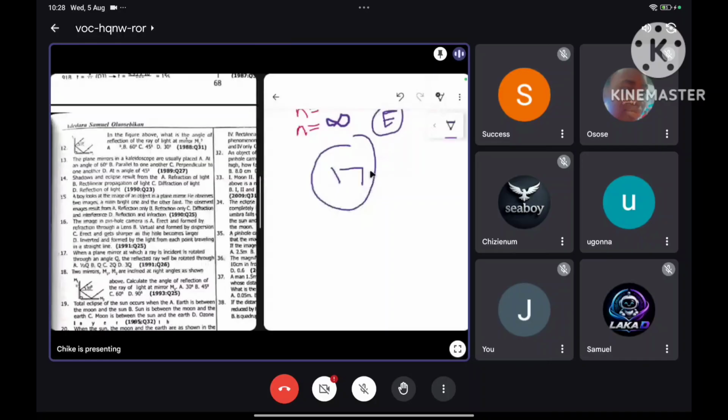When a plane mirror at which a ray is incident is rotated through an angle Q, the reflected ray will be rotated through dash. We have A, half Q. That's question 17, please. We have B, Q. We have C, 2Q. We have D, 3Q.